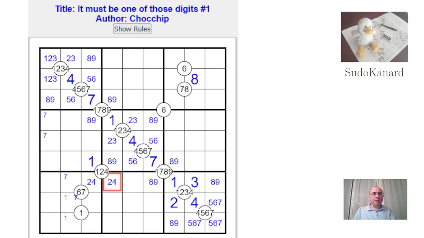This row already has 6 digits located. We still need 5, 6, and 7. This can't be a 7. And this can't be a 6 because of this. So that's a 5. And the other 2 are a 6, 7 pair.